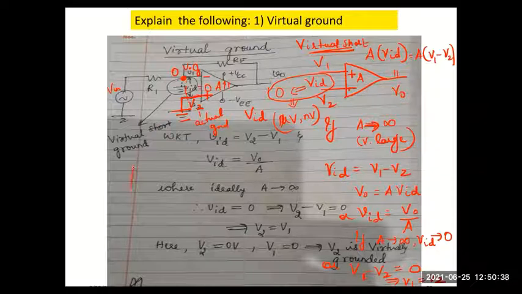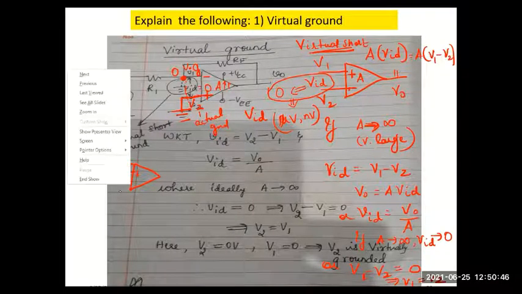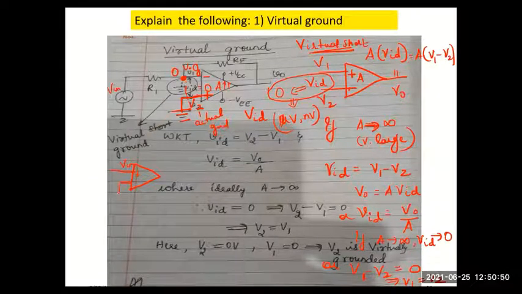Supposing I had given the non-inverting terminal some input voltage Vin and the inverting terminal I had connected to some resistance connection like this. Can you tell me, can I find the voltage at this inverting terminal?